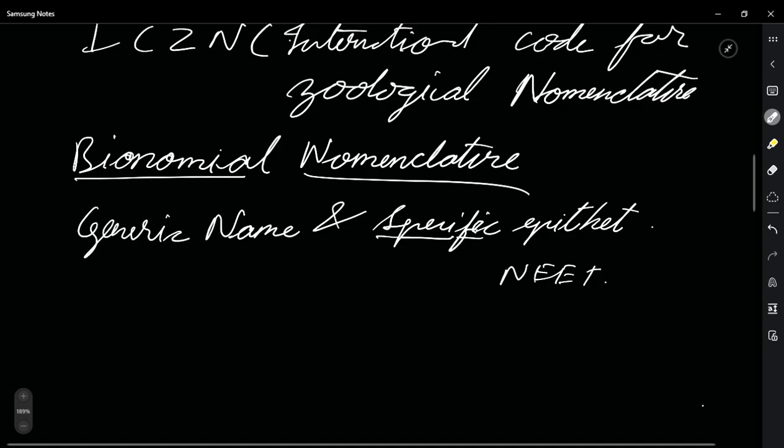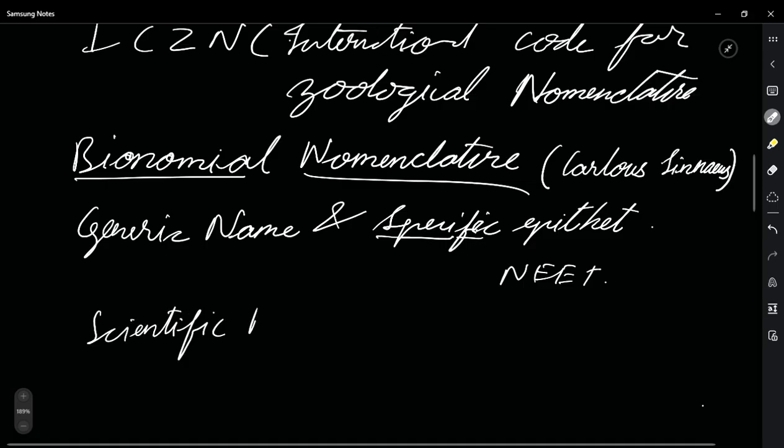Who gave this nomenclature? It was given by a scientist called Carolus Linnaeus. It is practiced all over the world by many biologists, and it uses a two-word format which was found to be convenient. Let's take the scientific name of mango.